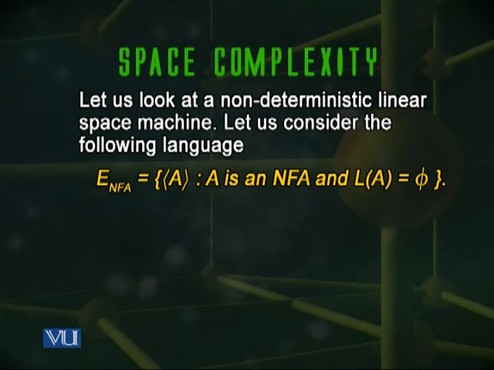We devised a non-deterministic linear space algorithm that decides the complement of this language. So the complement of this language will consist of descriptions of all NFAs which accept some string. Well, the first idea was for this Turing machine to guess that string which will be accepted.